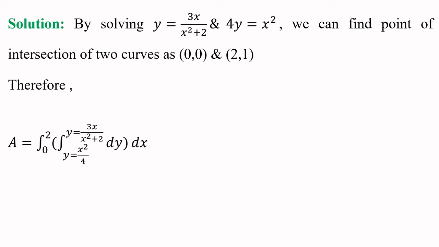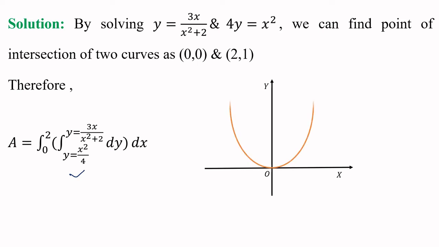What we see are the two curves, that is y = x²/4 and y = 3x/(x² + 2) that we get here. So we have plotted the x and y axes.